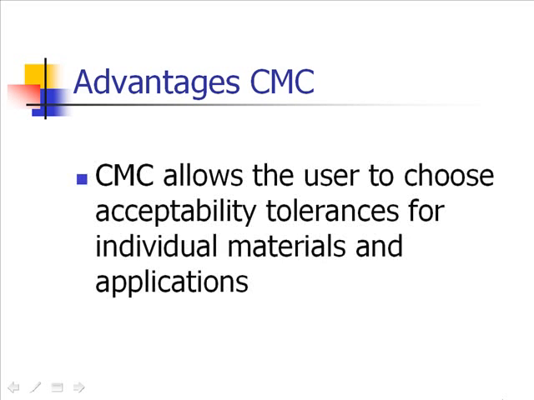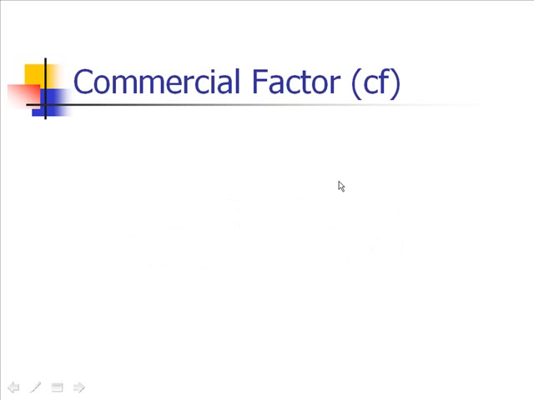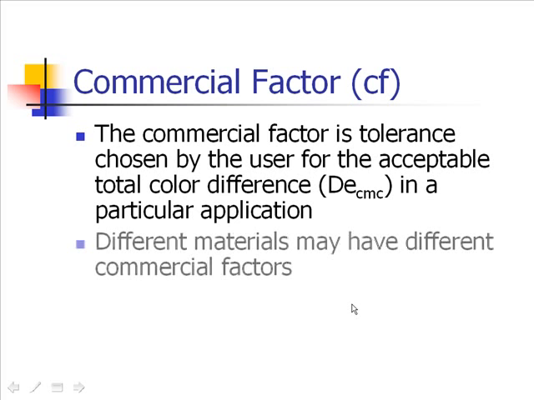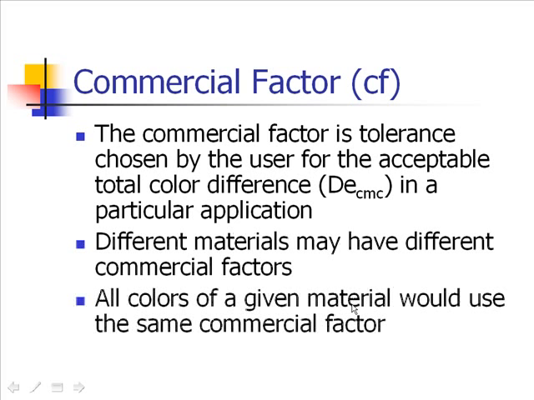The CMC allows the user to choose acceptability tolerances for individual materials and applications. We don't have to use the same tolerance for every product. That's called the commercial factor. That's the second thing that we need to determine to use our CMC. Commercial factor is the tolerance chosen by the user for the acceptable total color difference in a particular application.